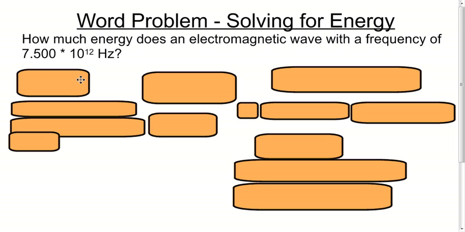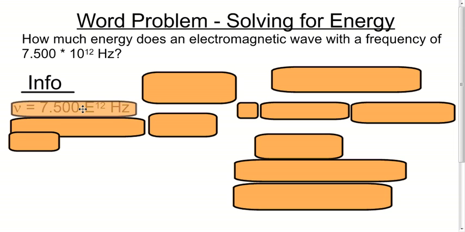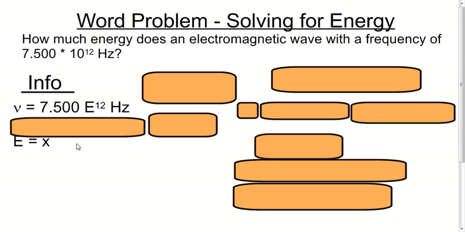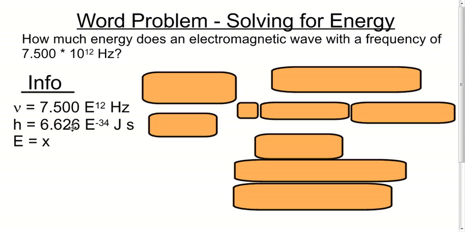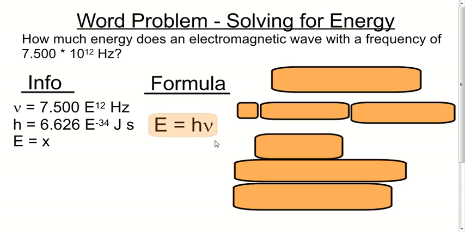Based upon those 2 clues, I know that there's my frequency, and I want to know energy. Now I have to remember that I know Planck's constant, which is this long number. It's not really a big number, it's extremely small. And I need to find out what formula I'm going to use, and it's this one.